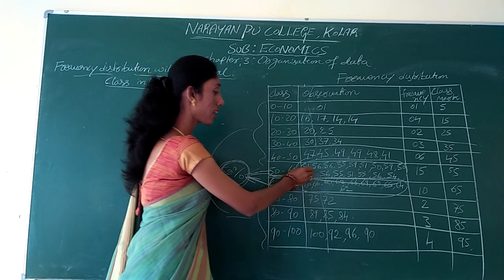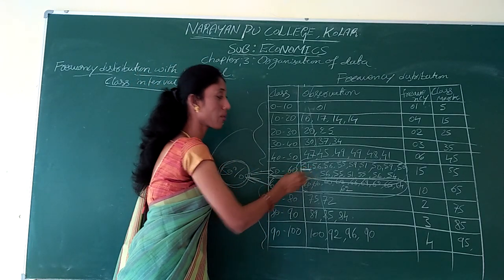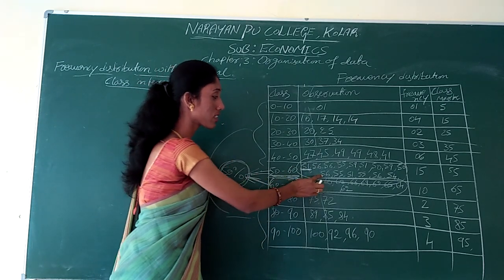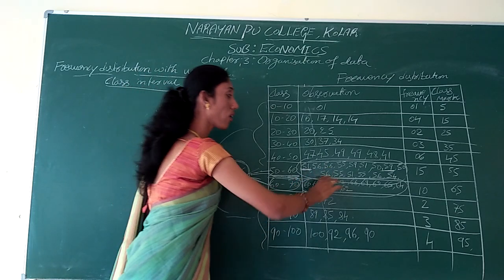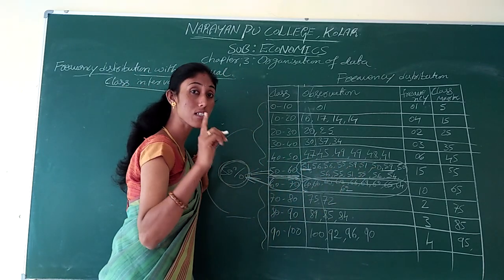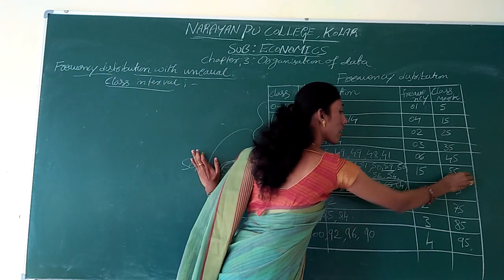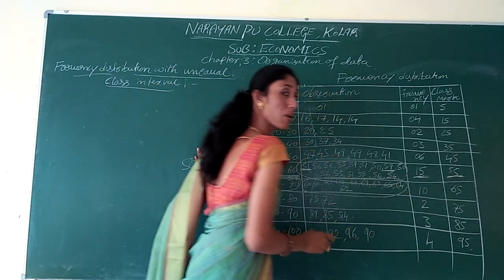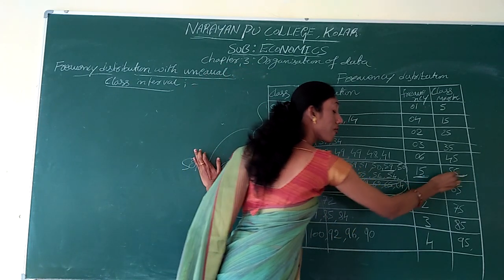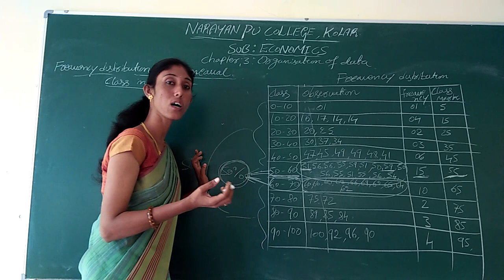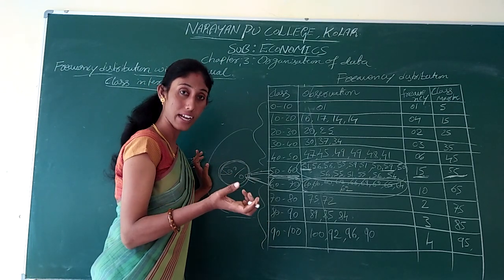The minimum value of this class is 51 and the maximum is 59, but the overall values will be represented with one class mark, that is 55. All these 15 values are represented by one value, 55. Then it leads to some misanalysis or misguidance.